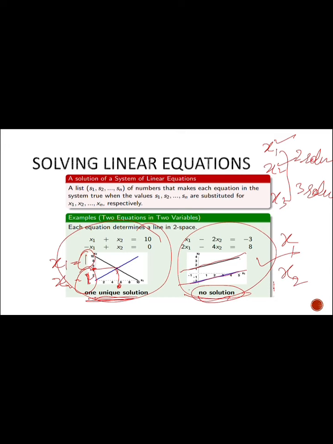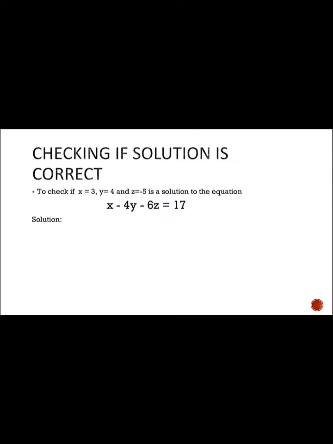Yes, if they had intersected somewhere, then fine, this is the solution, the point is noted: x1 is equal to the value over here, x2 is equal to the value over here, one value of each variable. That's as simple as that. But with parallel lines, there is no solution.